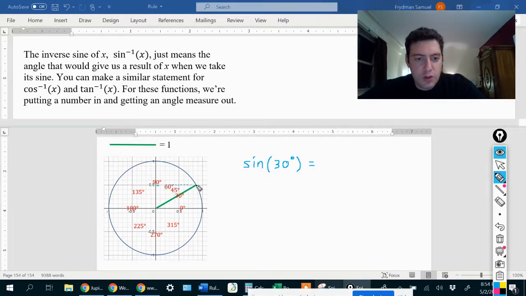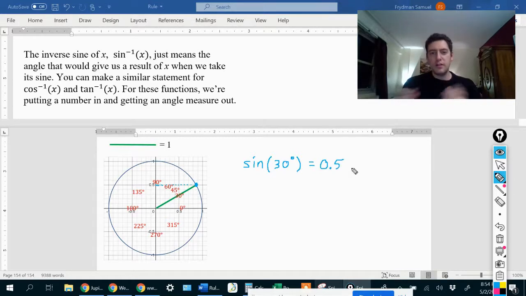This line is intersecting with the circle right over here, and the y coordinate of that point of intersection is 0.5. So there's an example of using the normal sine function. We put an angle in, we get a number out.